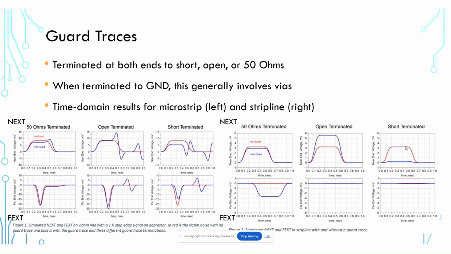You can see here that when there's no guard trace, we get just over 3 millivolts of crosstalk, and when we add the guard trace, we get less than 1 millivolt of crosstalk. That's pretty good. I think no one's going to complain about that big of a reduction, but the point is that this really only works for near-end crosstalk problems in strip lines, and it's not something that you should apply universally, and especially not in microstrips.